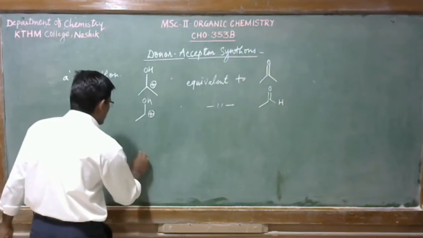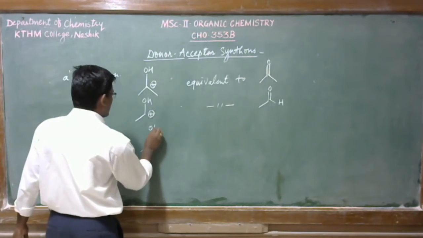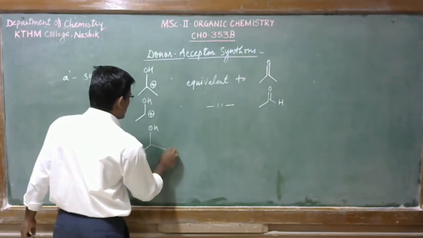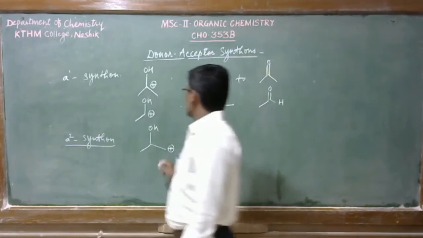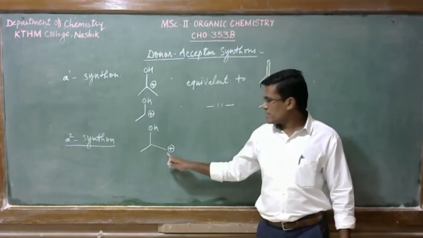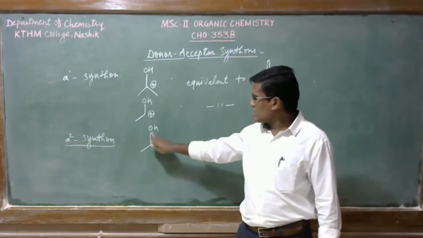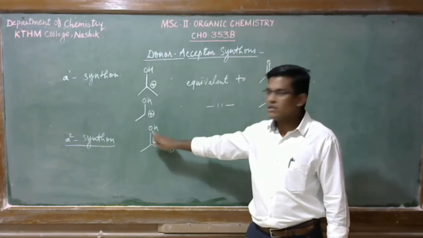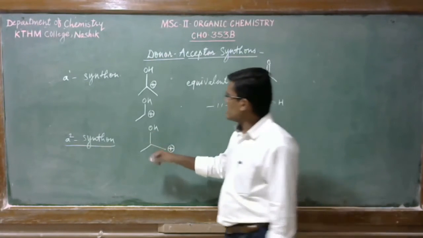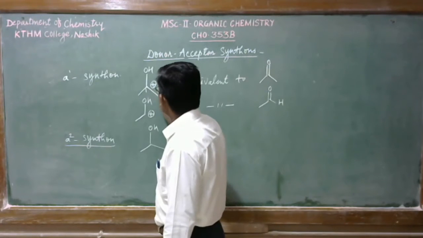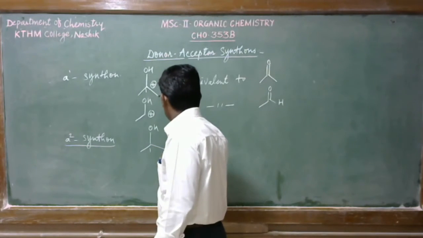For example, this positive charge is present at the second carbon with respect to this functional group. This is 1 and this is 2.